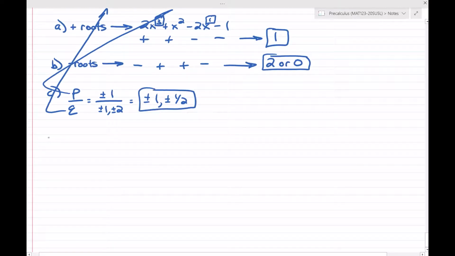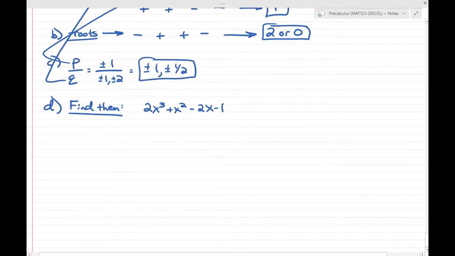Now let's figure out which ones actually work. Okay, so in my calculator, we're going to be plugging them into 2x to the third plus x squared minus 2x minus 1. Let's start with 1.